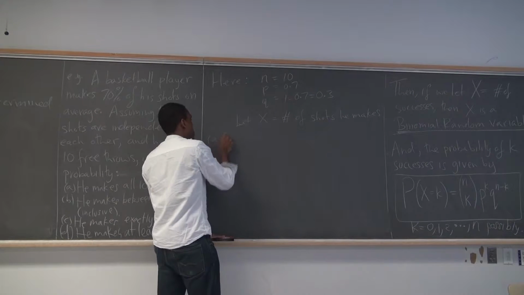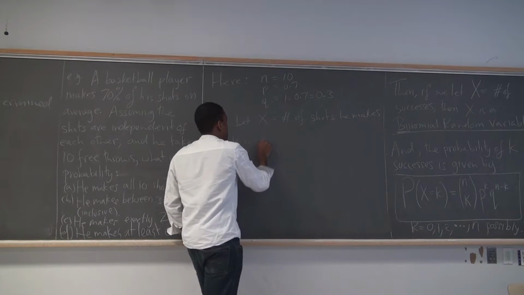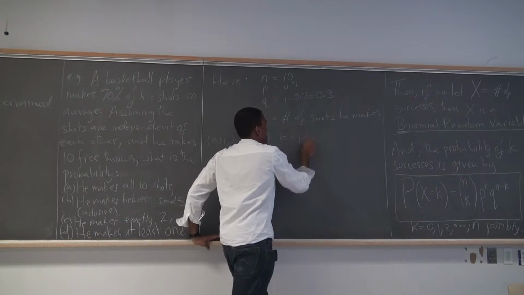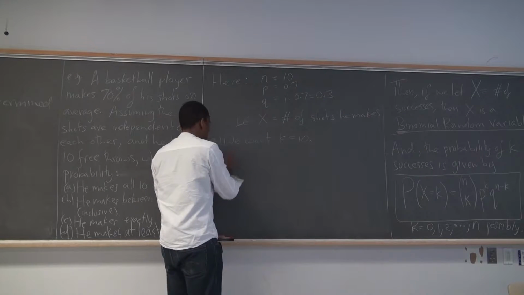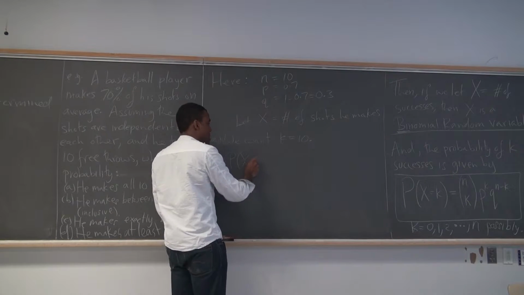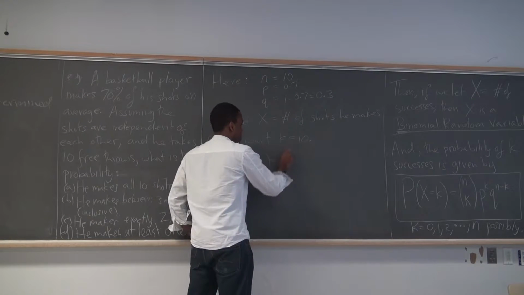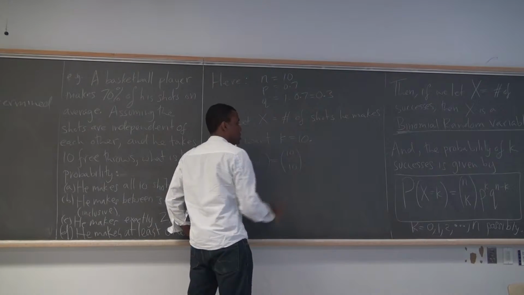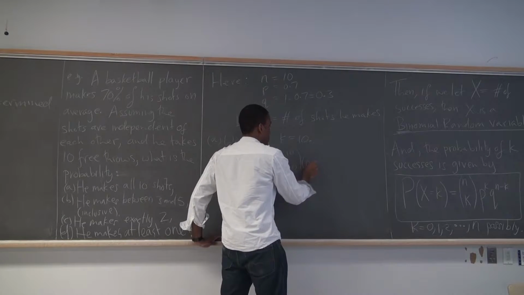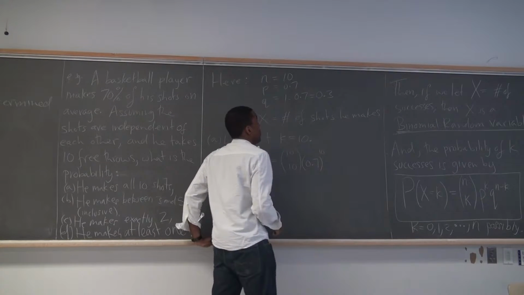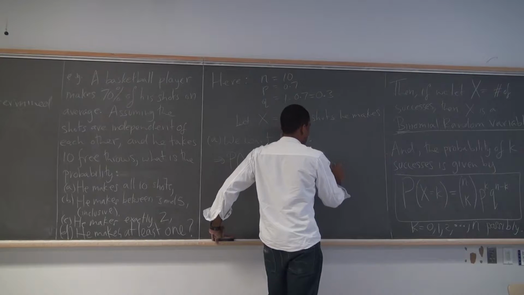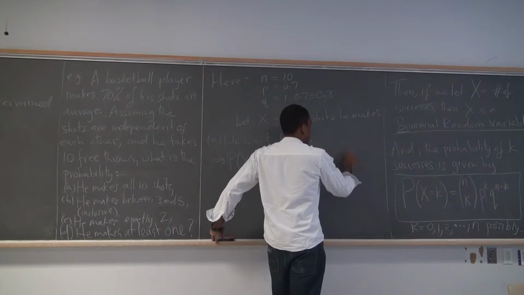In part A, we want k equals 10. This means the probability that the number of shots he makes is 10 is going to be 10 choose 10, 0.7 to the 10, 0.3 to the 10 minus 10.